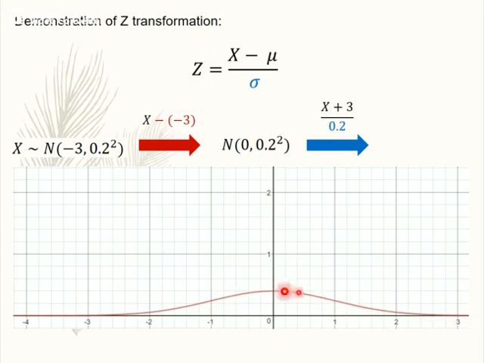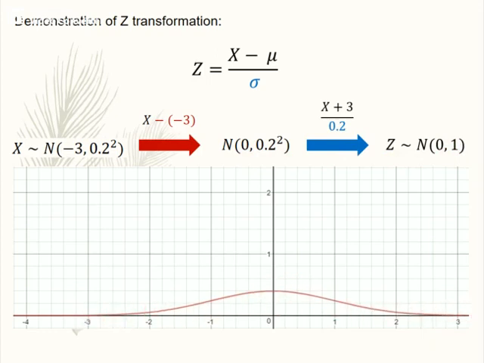It spreads out your data just like this and ultimately gives you a random variable with a mean of 0 and a variance of 1. So this first transformation shifts the whole distribution, so the mean is 0, and then dividing by the standard deviation will make your standard deviation equal to 1. So ultimately, this curve here is a standard normal.